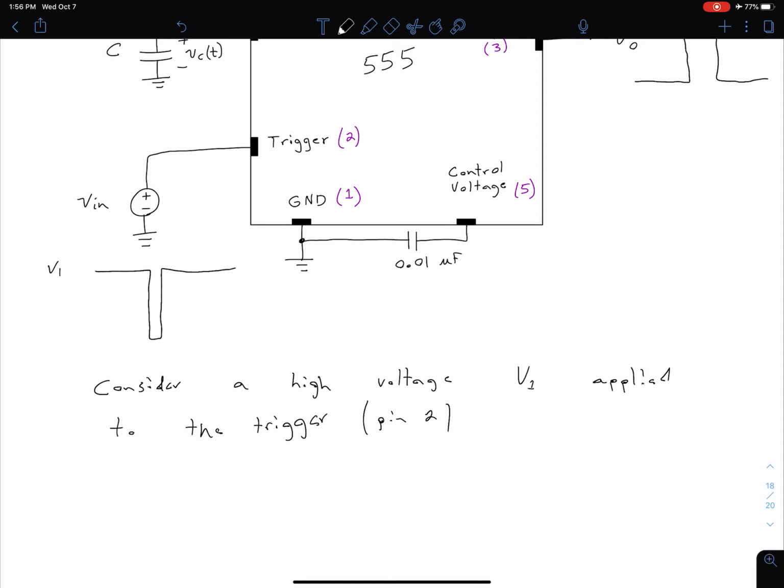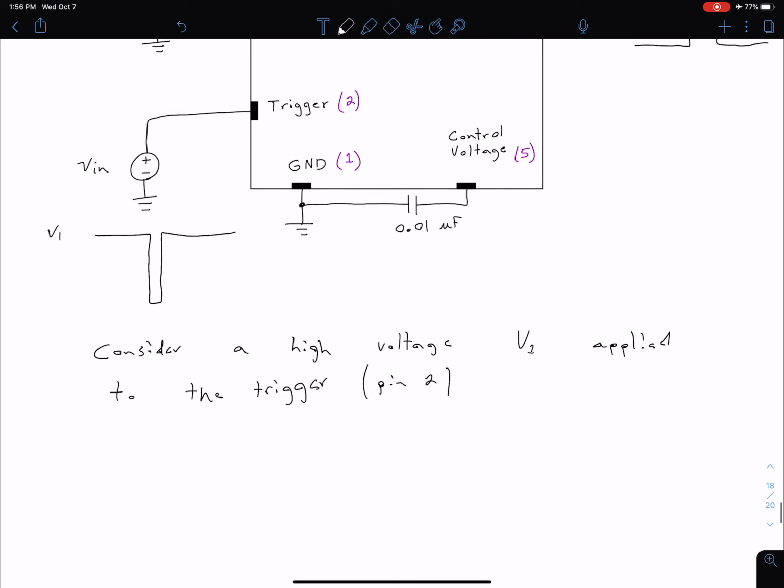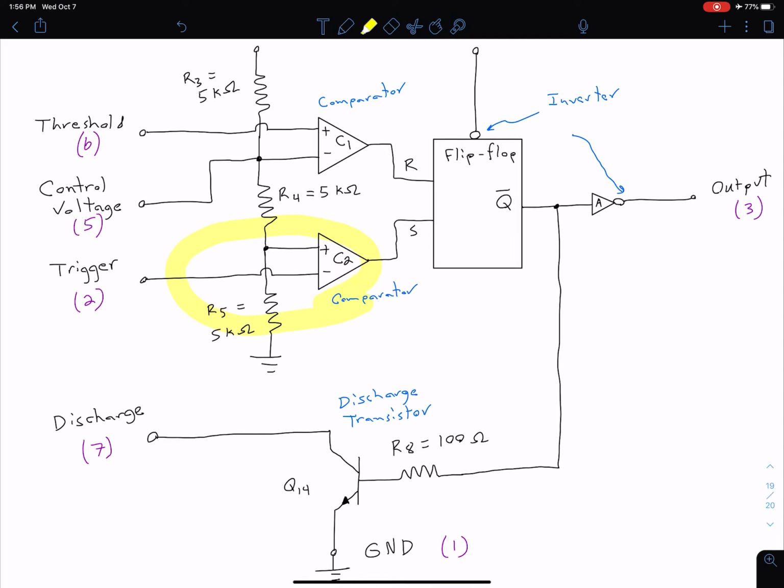Okay, so what we need to do then is consider the output of our trigger comparator, which as we'd previously seen was C2. I'm going to scroll down briefly, and we're looking at our trigger comparator here, and we see that our trigger is coming into the negative terminal, and that's being compared to 1/3 of our VCC on the non-inverting terminal.